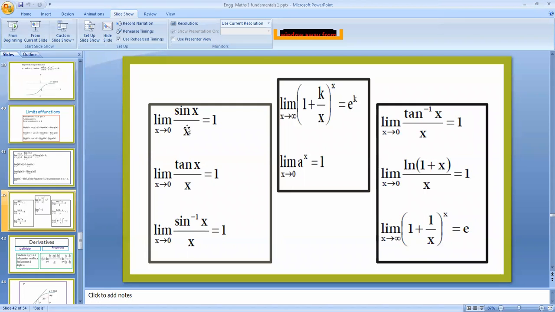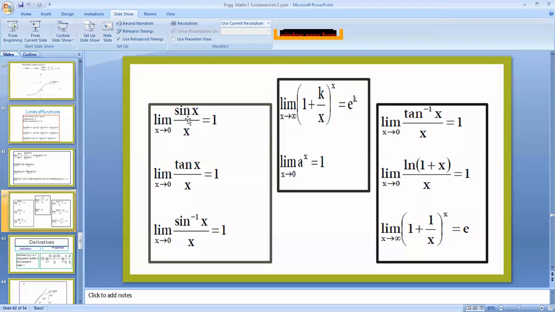Can you tell me what will be the value of 0 upon 0? Undefined. Yes, it is called indeterminate. Yes, of course, you are correct. We can say it is indeterminate.